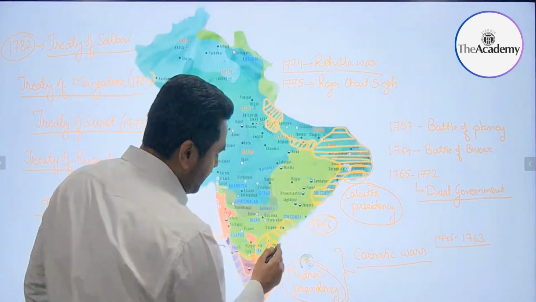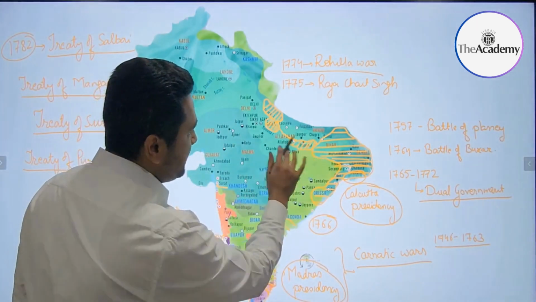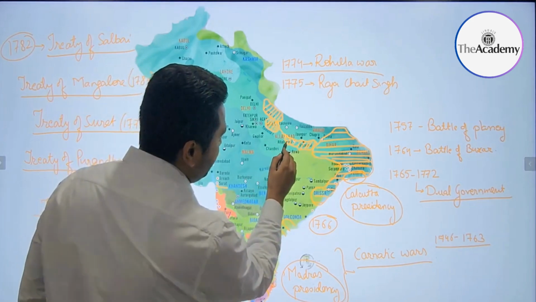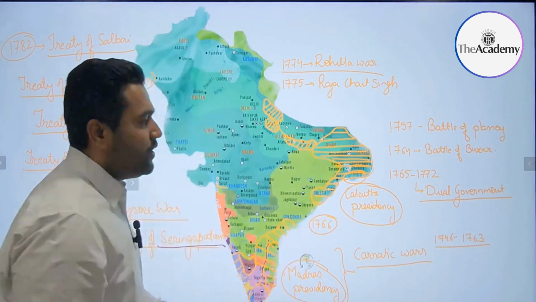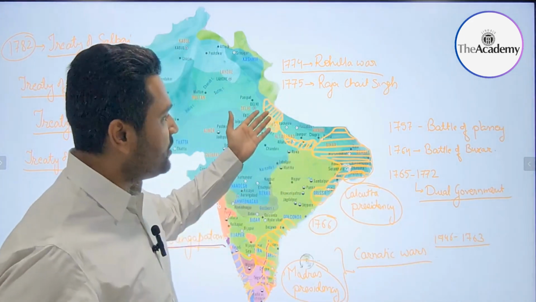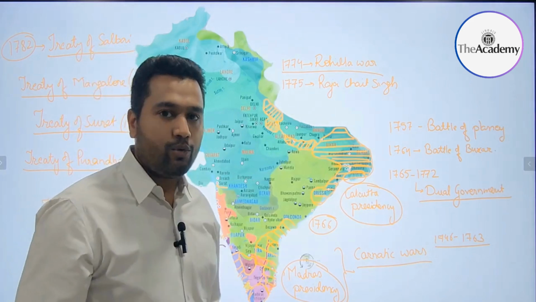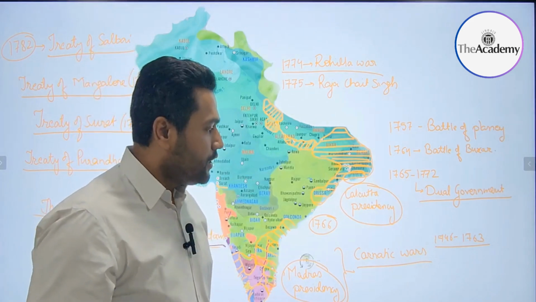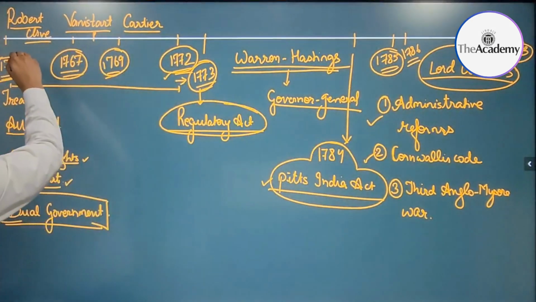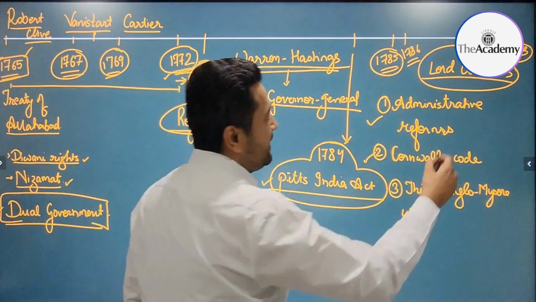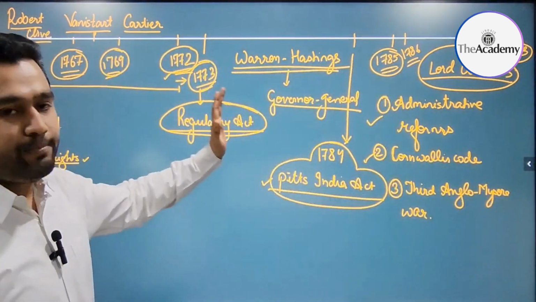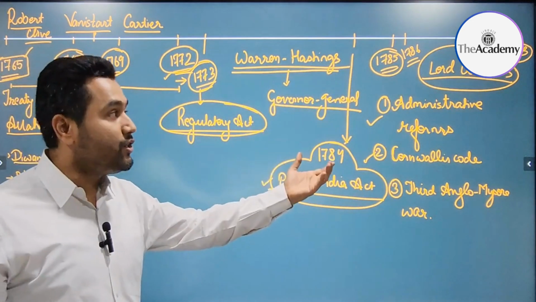So the British did not expand their territory, although some claims were made upon the Nawab of Awadh for the arrears over the subsidy, and furthermore regions were brought under the British control. So from 1765 up till 1793, there was a gradual expansion and consolidation of British rule.